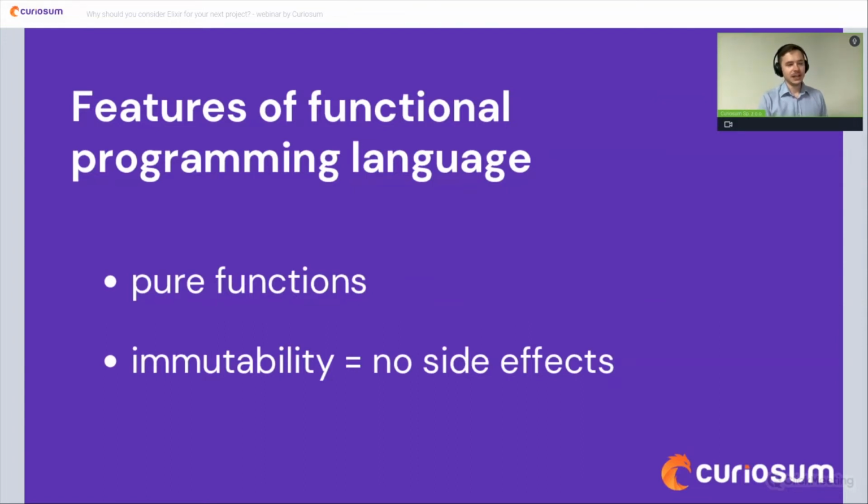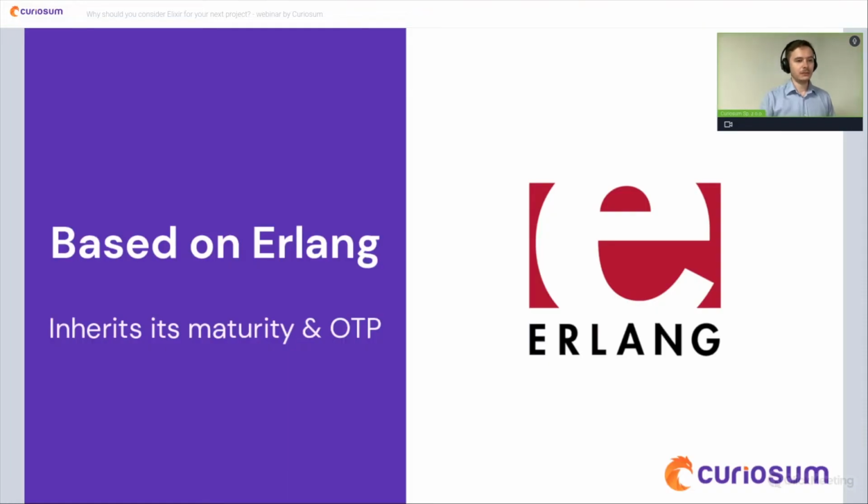We have some input data that goes into functions, and these functions should return a specific value. If the data is the same, the function should always return the same value, because we have one logic, the same data, it should bring the same results. It's true for the functional programming languages. It's not really true for the rest. So it reduces a ton of issues that you could have. And that's why I believe that pure functions and immutability are a great feature of functional programming languages. It just removes a lot of problems.